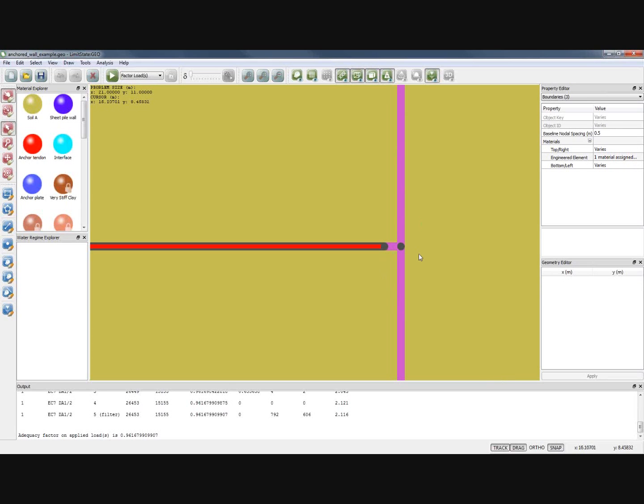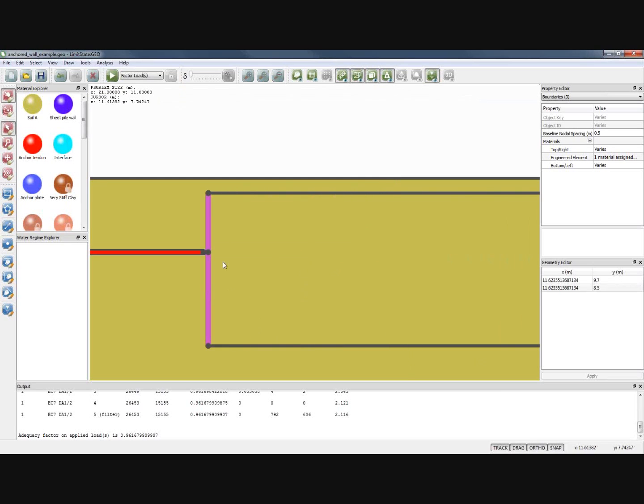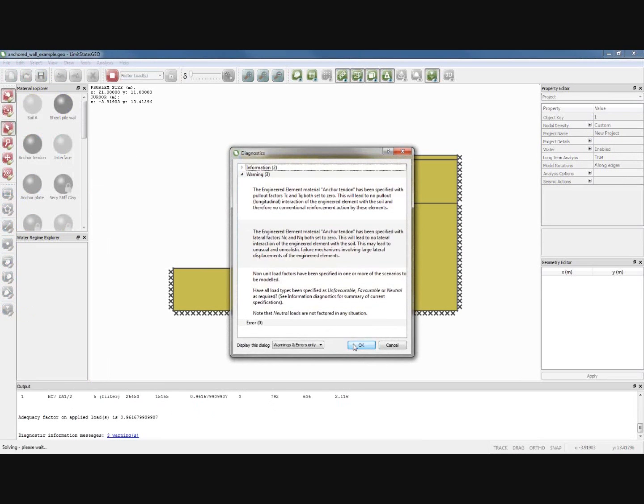So I'm just selecting that anchor, and I'm going to click a button ortho here, which just means that anything I drag will move horizontally or vertically. And I'm going to pull that closer to the wall, move it a little bit further. So now intuitively you look at that and think that's really a bit too close to the wall.